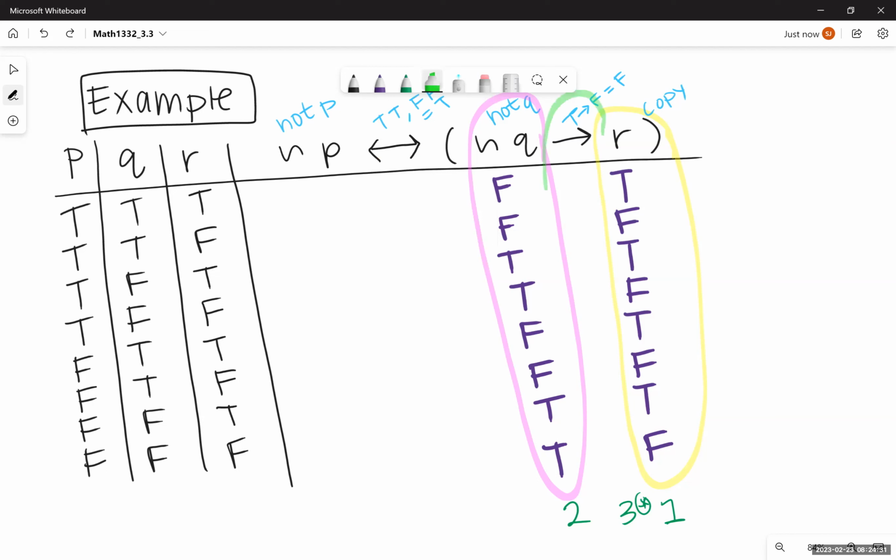Okay, right here, we're going to now do what it says to do, which is the if this, then that. It's also saying in that hint, the only time I equal F is if I start at T and I go to F. And if I do this, I can find those right here.